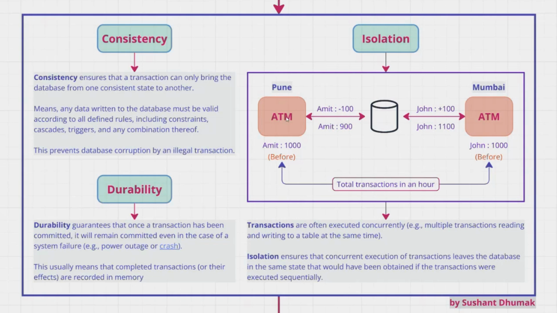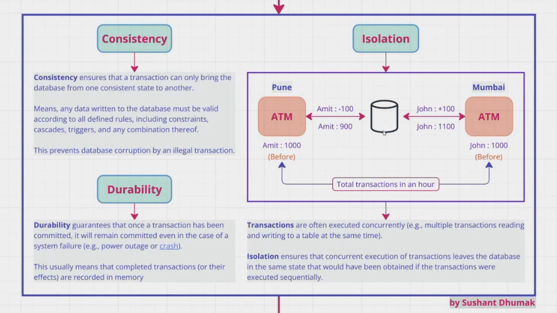For example, now you can see in the diagram, when Amit is transferring 100 rupees from his account to John's account, and suppose there is another operation trying to get the total from Amit's account or maybe John's account during this transaction between Amit and John, that may give incorrect information or an incorrect total because both operations are happening simultaneously.